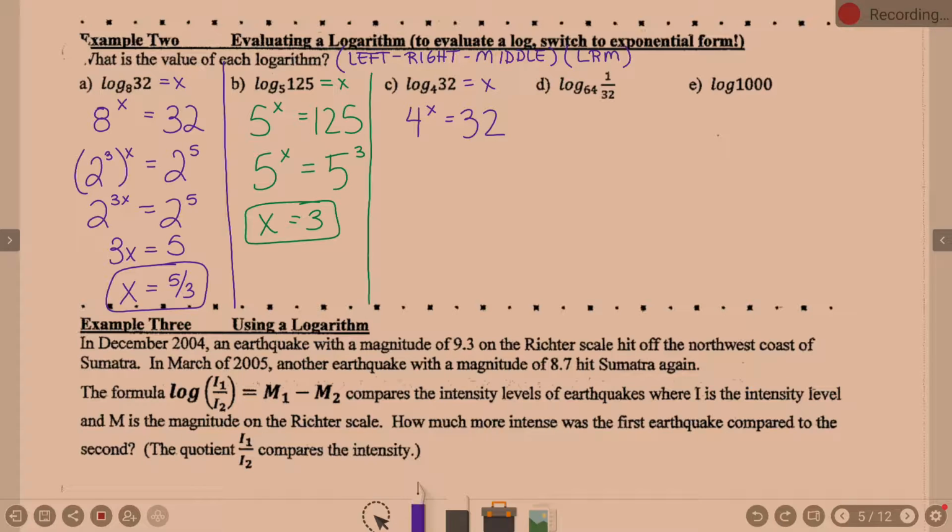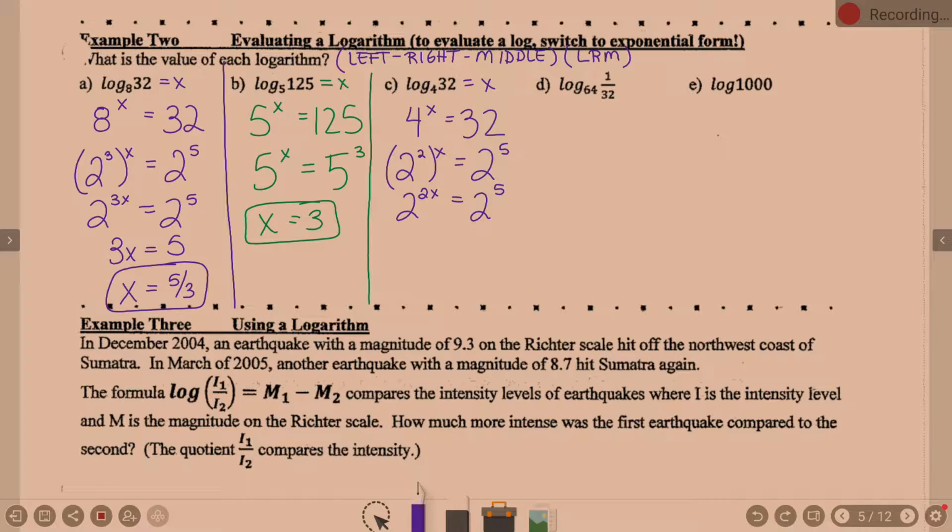4 is the same as saying 2 to the second. Now officially it's 2 to the second, raised to the x. 32 is 2 to the 5th. So officially this is 2 raised to the second, raised to the x, 2 times x, so it's 2 to the 2x equals 2 to the 5th.